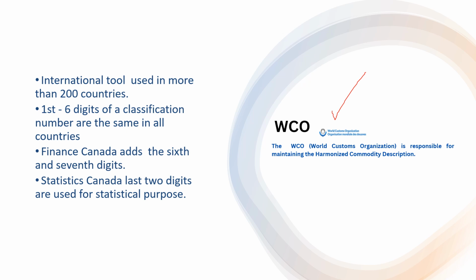The first digits are international, the same in all countries. In Canada, Finance Canada will add the 6th and the 7th digit. And the last two digits are for Statistics Canada to feed their statistical data.